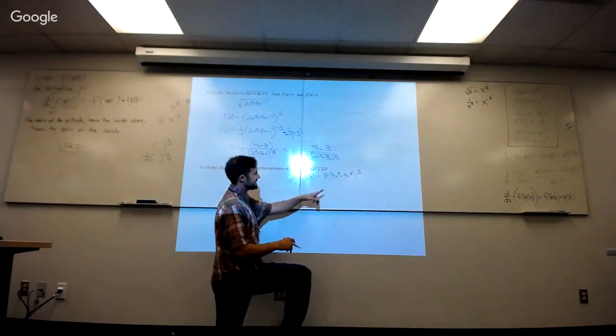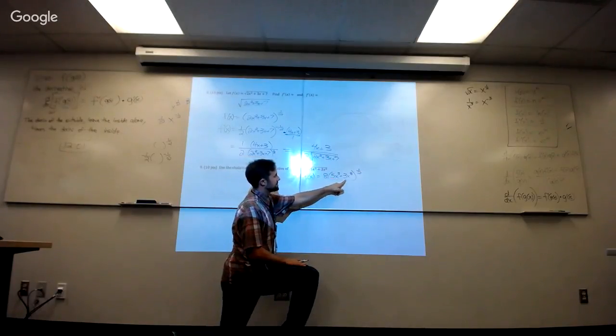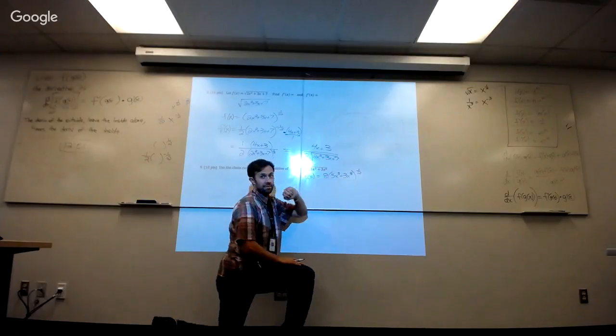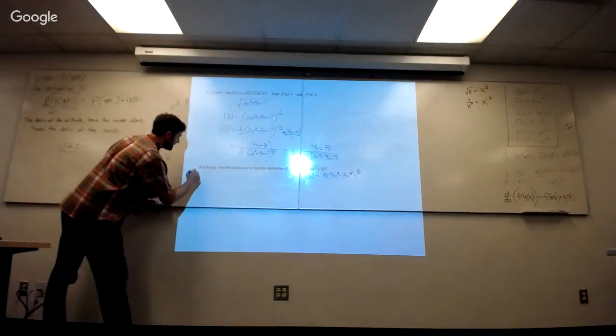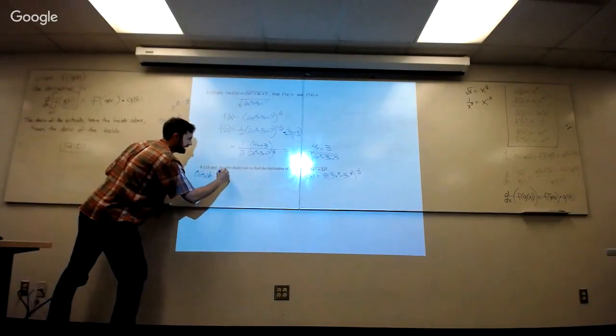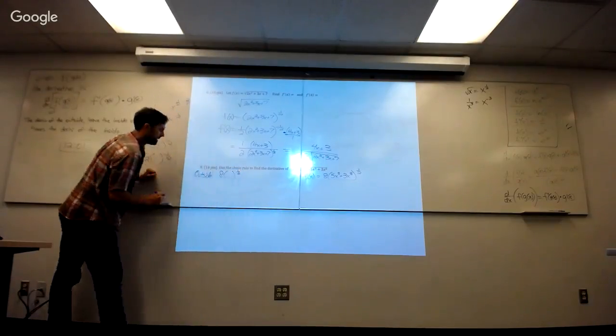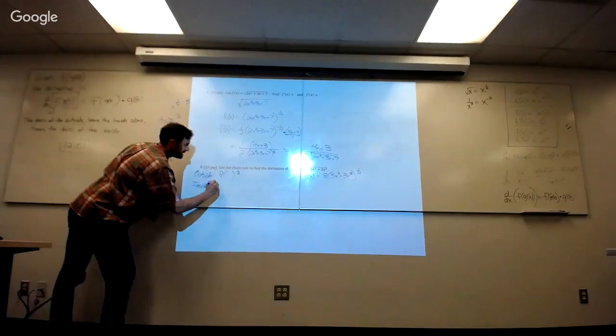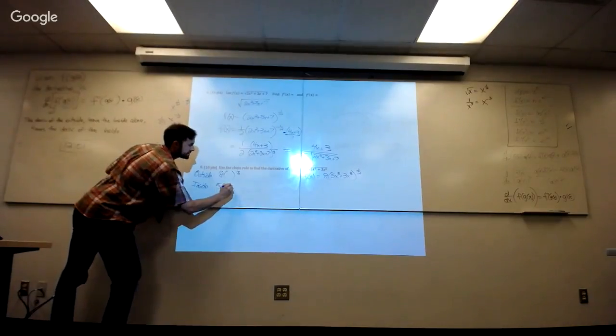And our inside function is 5x cubed plus 3x to the 8th. And our outside function is 8 something to the 1/2. I want everyone to see that clearly. The outside function is 8 something to the 1/2. And the inside function is 5x cubed plus 3x to the 8th.